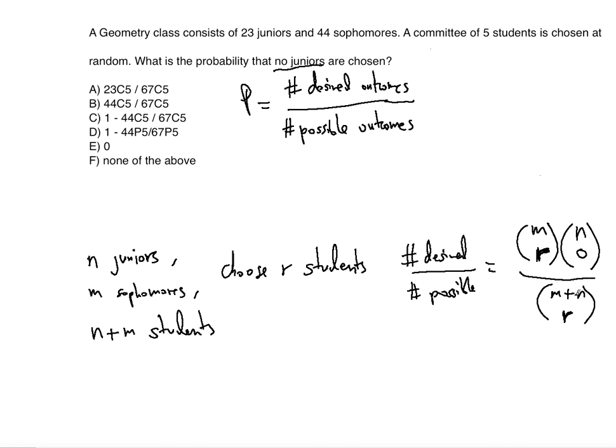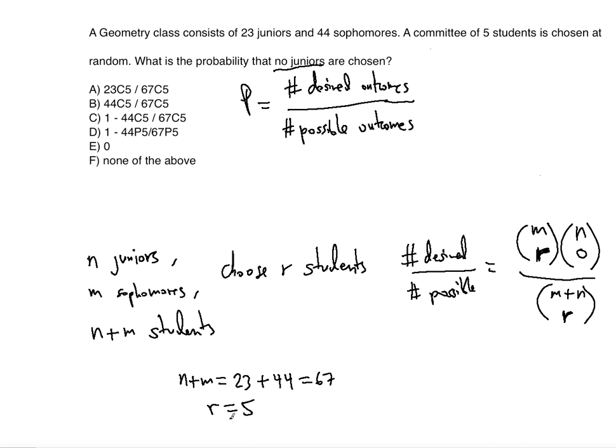So now if you translate this combination fraction that we found into the numbers provided, first of all, what is n plus m? N plus m is going to be equal to 23 plus 44. That's equal to 67, right? That's the total number of students. Now R is equal to 5 because you want to choose 5 students.